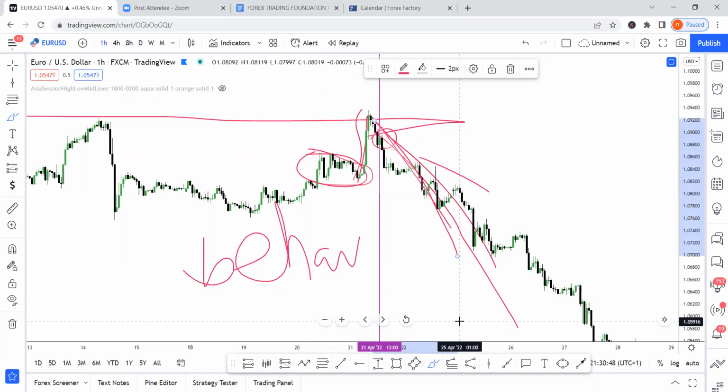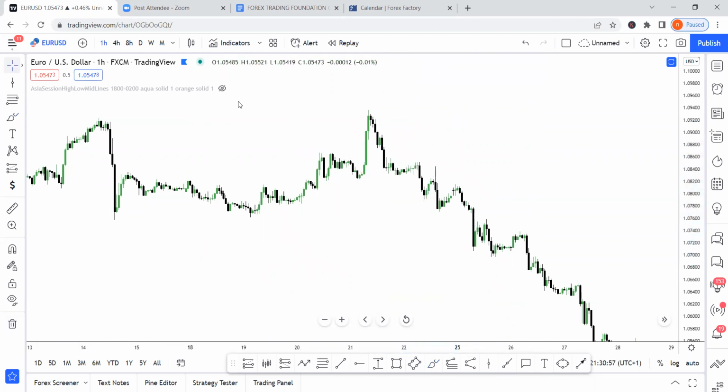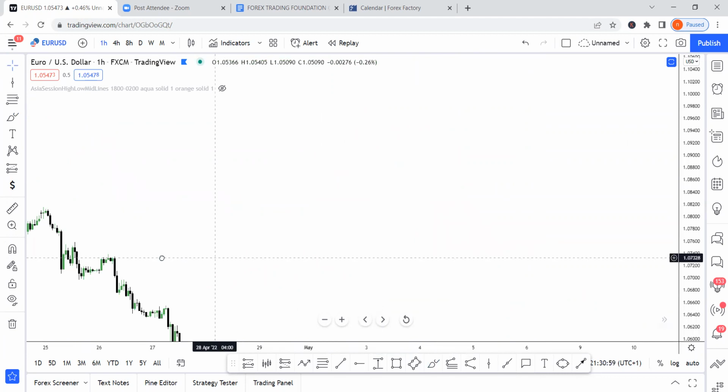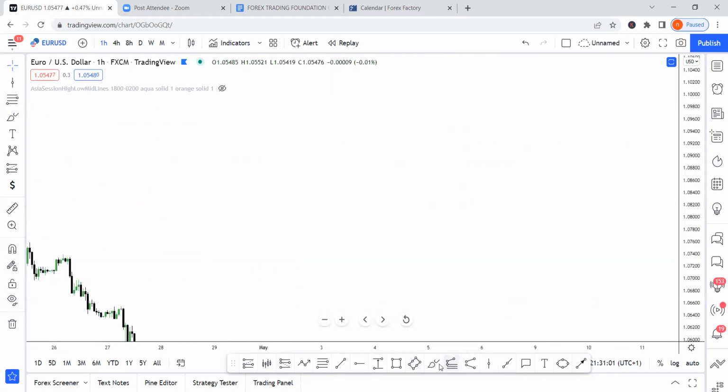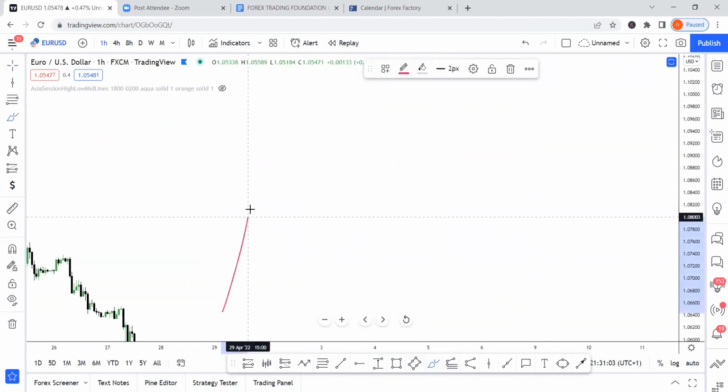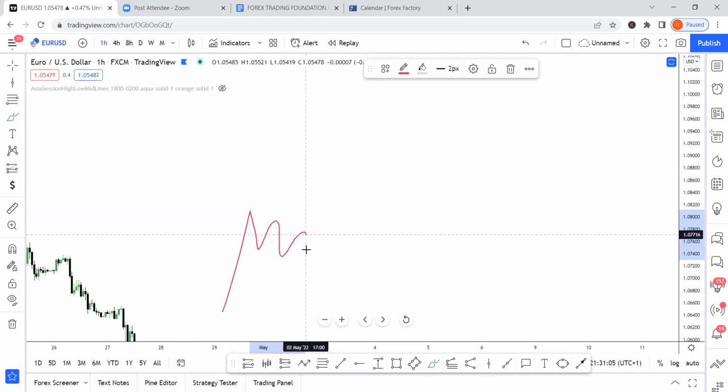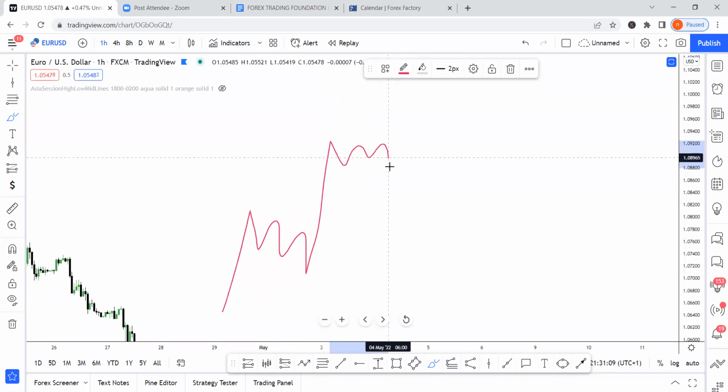So, that's the case. If you are looking for a buy and you see the market is just holding on, you see that the market is going like this. The market is going like this. Correction. Correction. And this correction now, you see, is what? Asia.